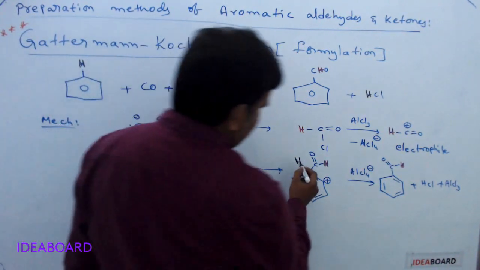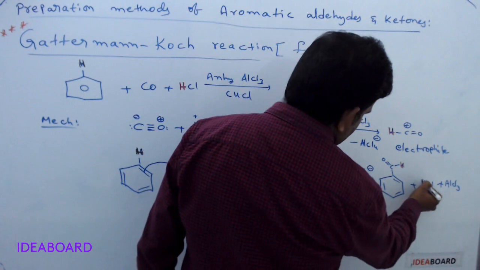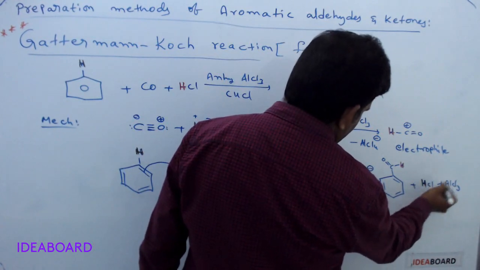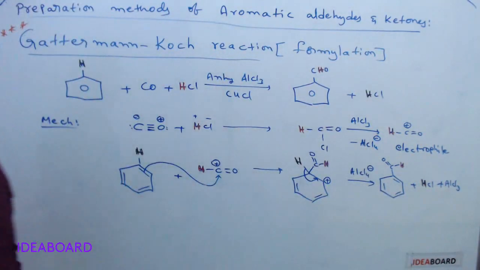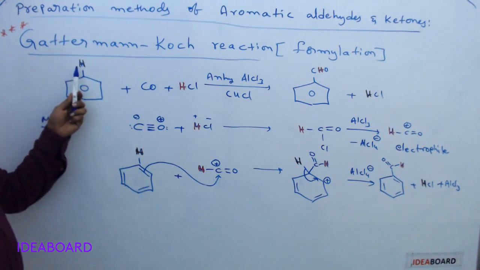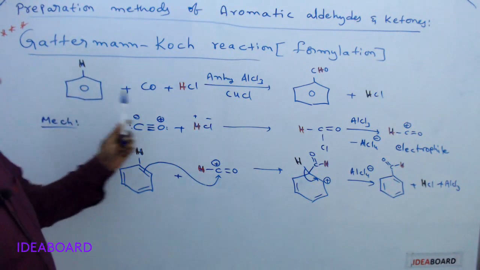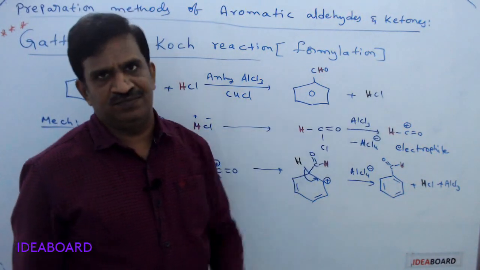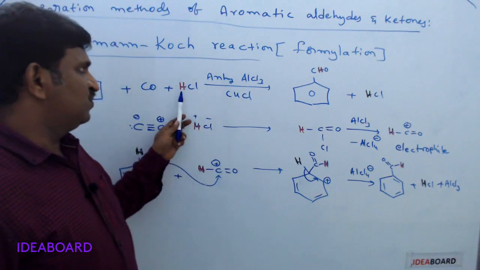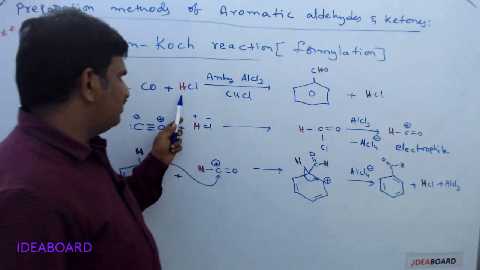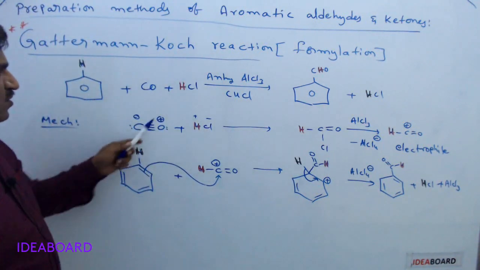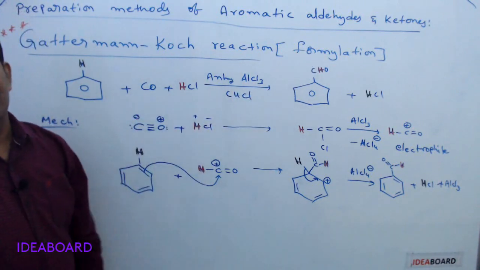But finally this H is removed with the HCl, it is removed as HCl. So you can understand easily that the hydrogen of the benzene ring is present in the HCl released, and the HCl which we have taken here has the hydrogen that is coming into the CHO group.